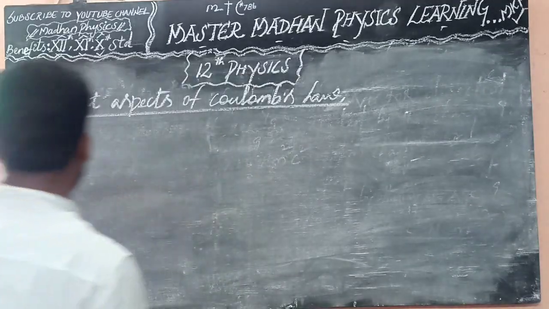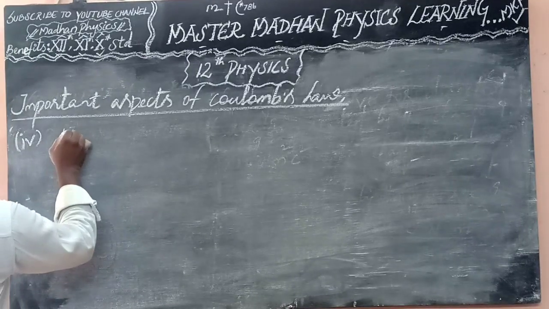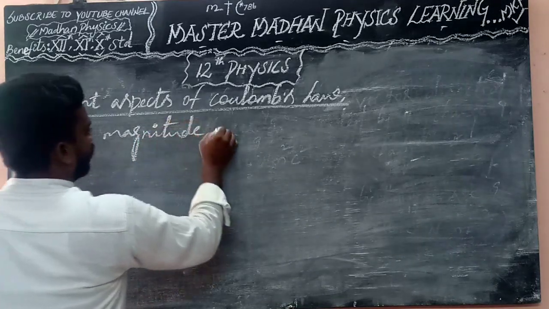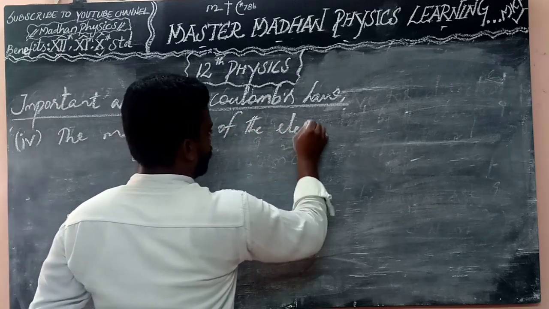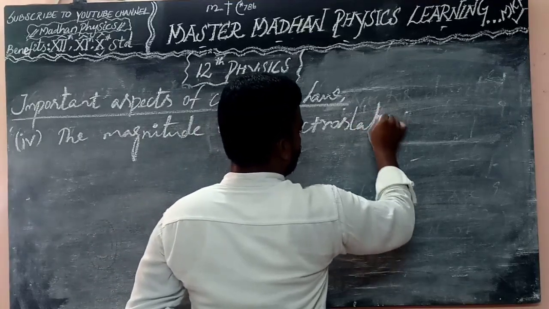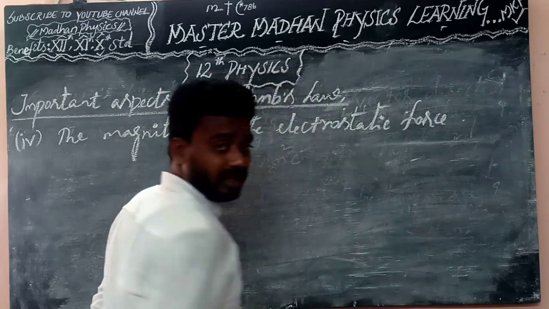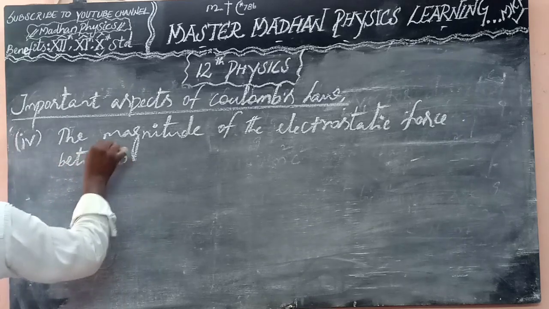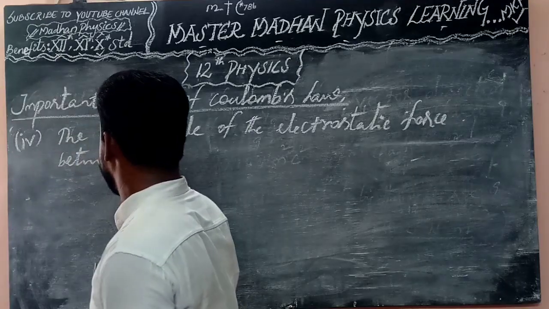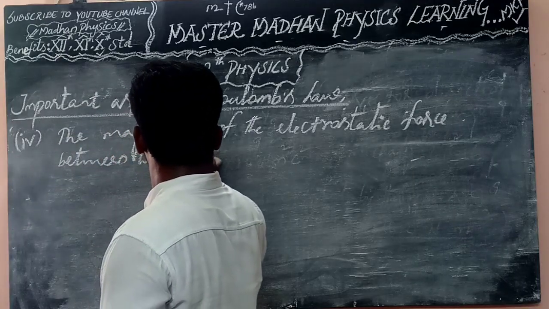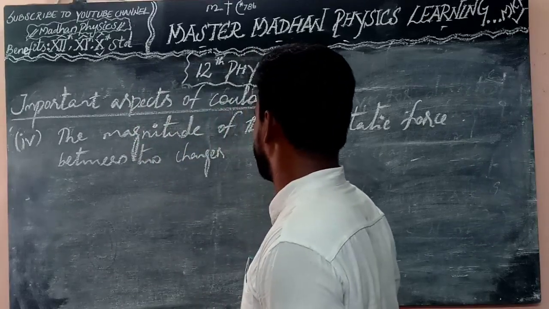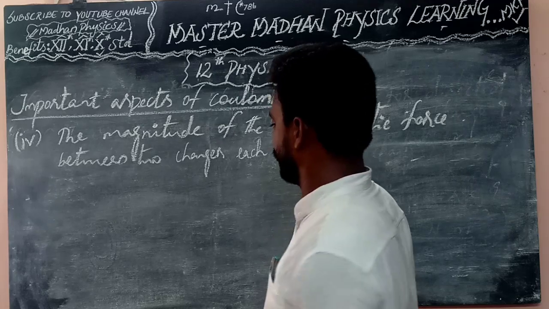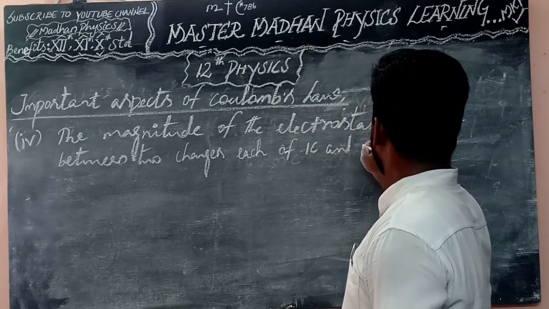Fourth point: the magnitude of the electrostatic force between two charges, each of 1 coulomb, and the distance 1 meter.